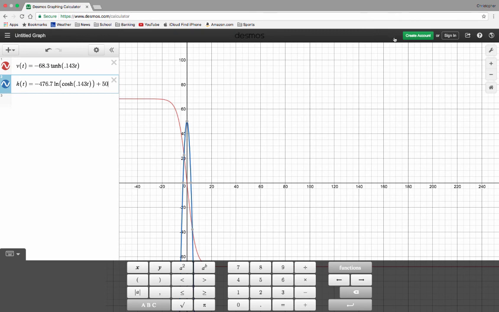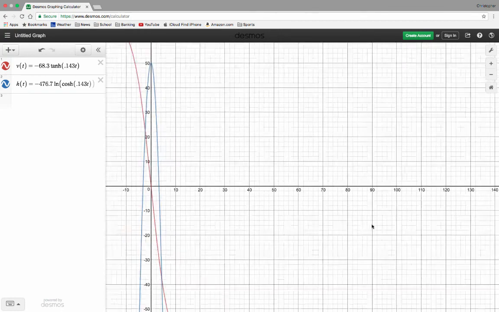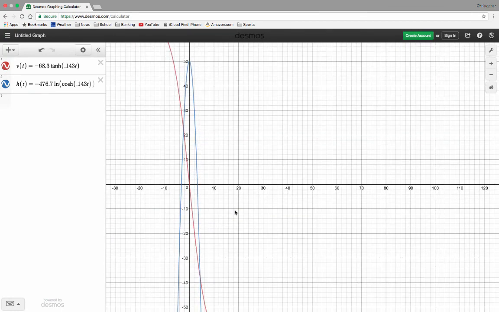So let's zoom in a little bit. It looks like it's going to hit the ground in about 4 point something seconds, less than 5 seconds, from a 50-meter height. That 50-meter height is about 160 feet. So it's falling and picking up velocity, and the initial velocity is right here.